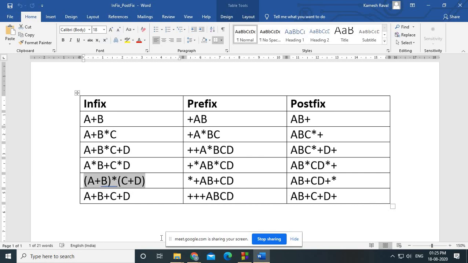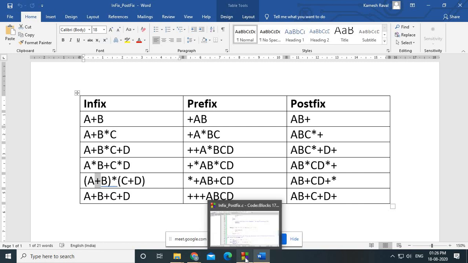And we know that the precedence of the parenthesis is higher than all, right? So here you just have to do this A plus B operation first, before multiplication. In fact, multiplication has a higher priority than plus, but because A plus B is given in the bracket, how can we solve this?